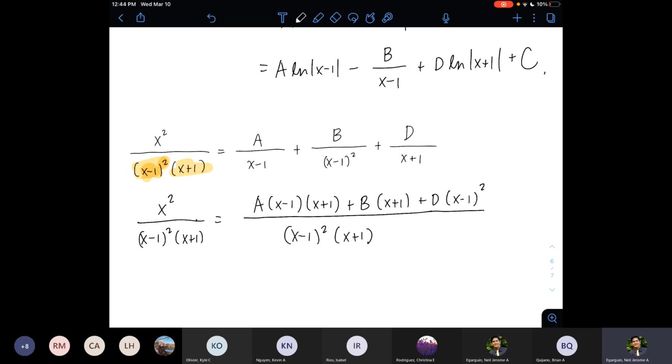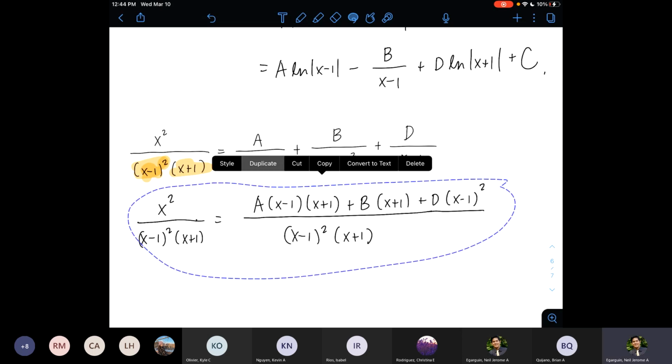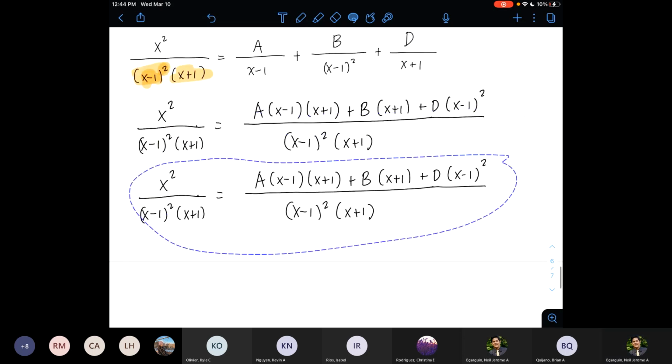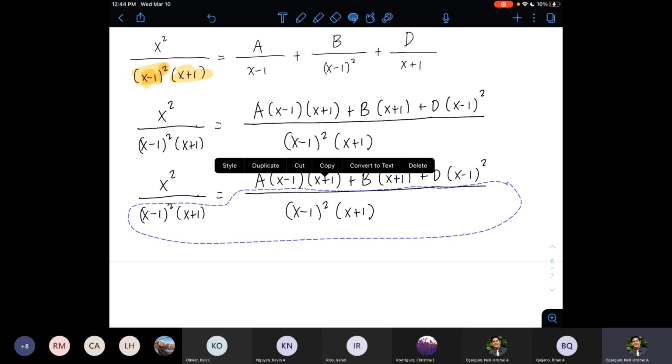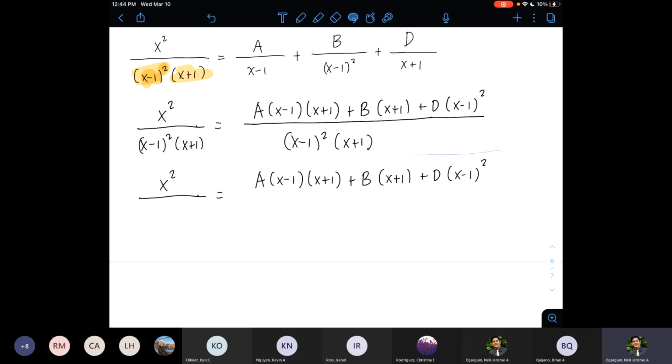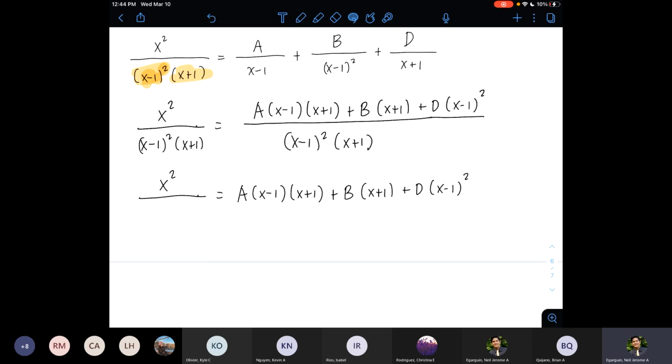Now, again, we know that this should be true for all x's. This is a silver lining of online classes for me. I can do copy pasting without having to write everything over and over again.